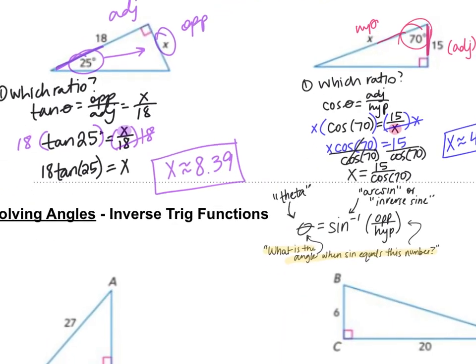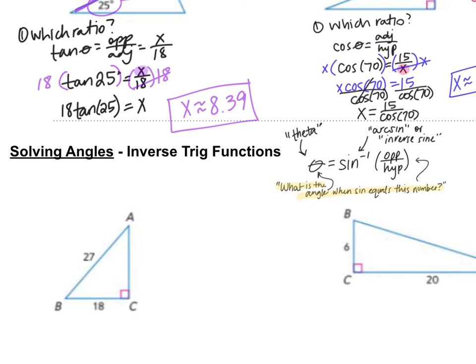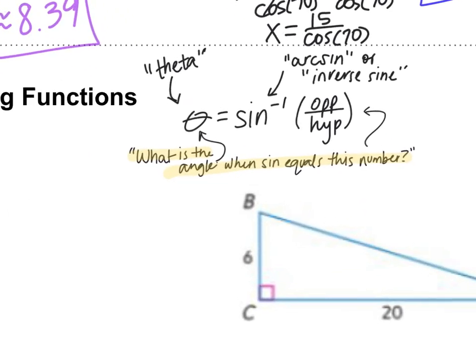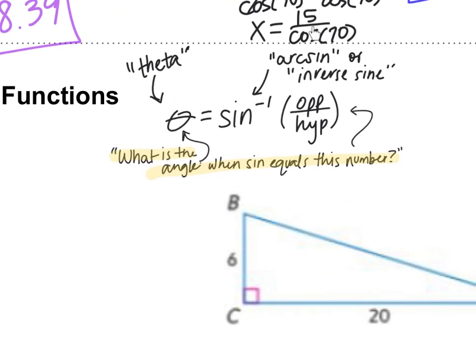Now, let's look at what if we need to figure out the angle measurement. Okay, so up to this point, we've been using just our regular functions, sine, cosine, tangent. Well, there's also something called the inverse, okay? So arc sine or inverse sine is when you have your trigonometric function, okay, but raised to the negative first power, okay?